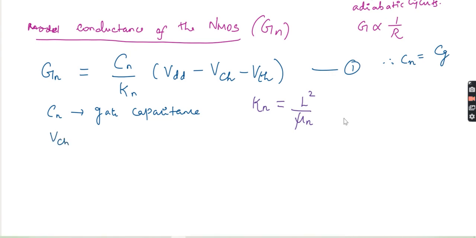Cn is over. Next, VCH is nothing but the average channel voltage. Then VTH is the threshold voltage.